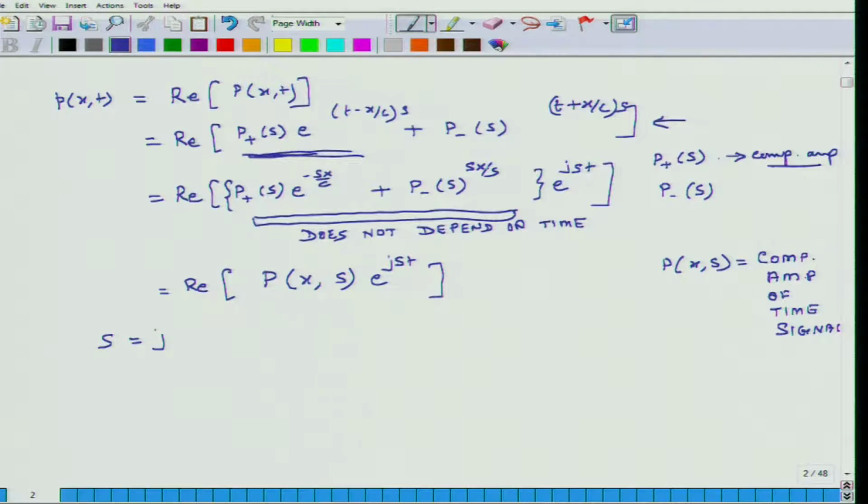Okay, so in most of the regular cases s equals j omega. Okay, s equals j omega.